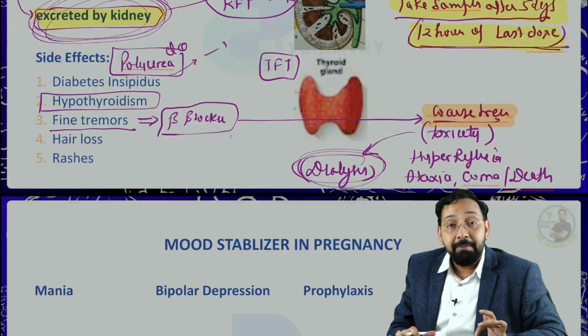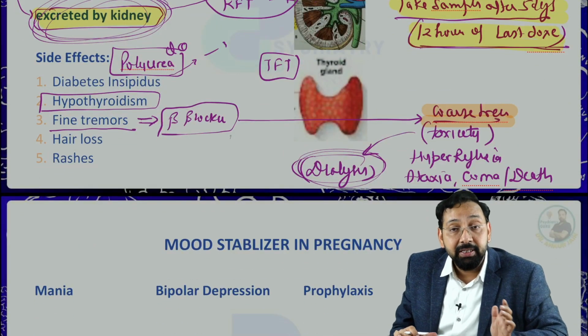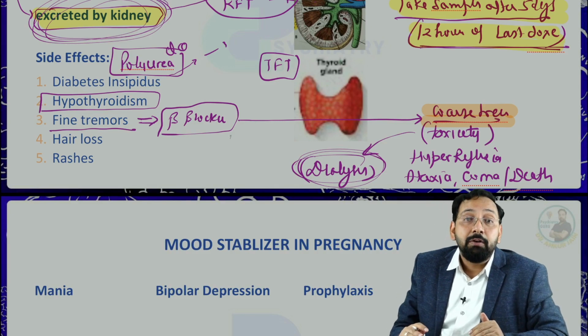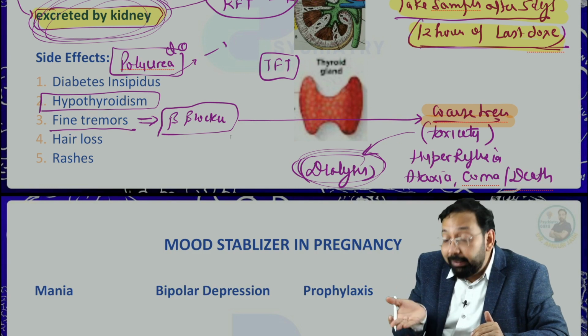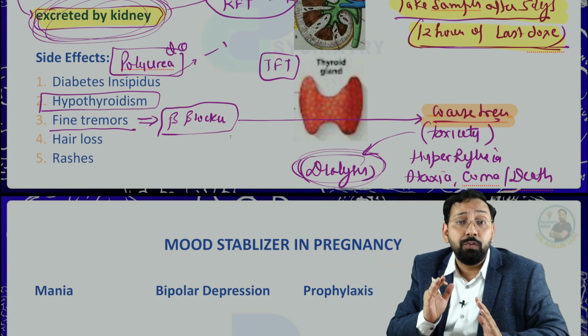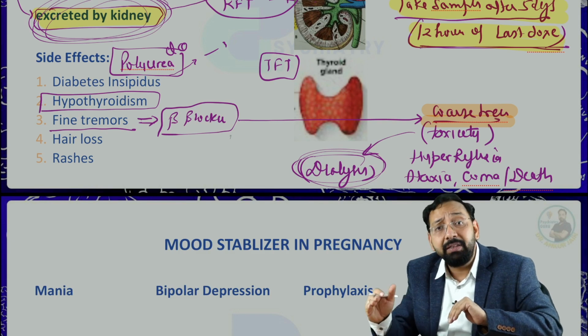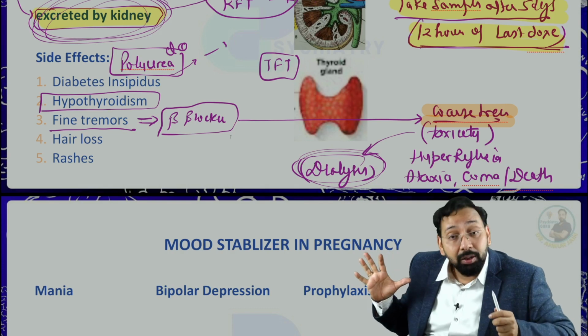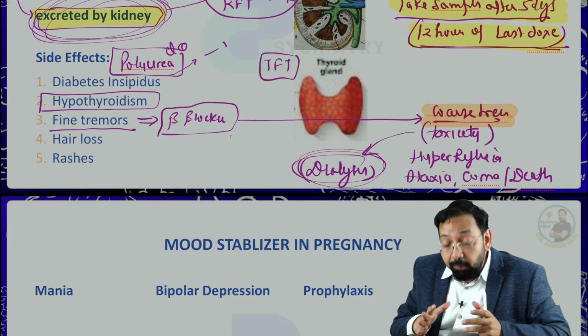Yes, in the last trimester of pregnancy, this is a recently asked controversial question. In the last trimester of pregnancy, usually there is a requirement of increased lithium dose. Just before the delivery, we start tapering the lithium. During the third trimester, plasma volume increases.